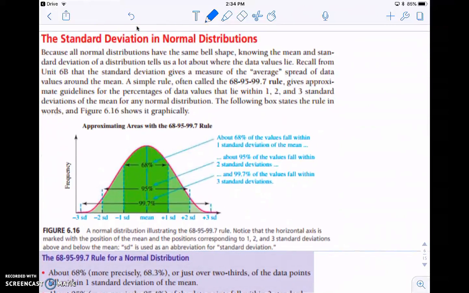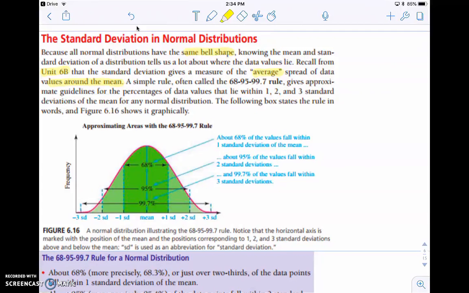Now, when we look at the standard deviation and normal distribution, again, this tells us how spread out our data is. All our normal distributions have kind of the same or similar bell shape. When we know the mean and standard deviation of the distribution, it tells us a lot about where the data values actually lie within this thing. So again, if we recall from Unit 6B, the standard deviation gives a measure of the average spread of data values around the mean.